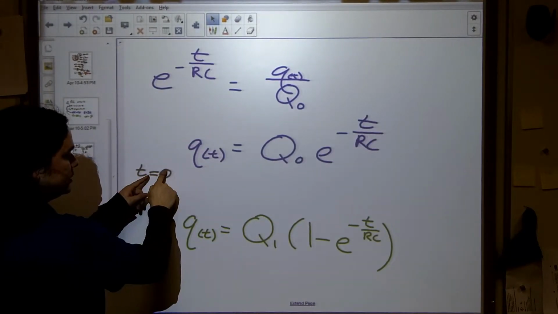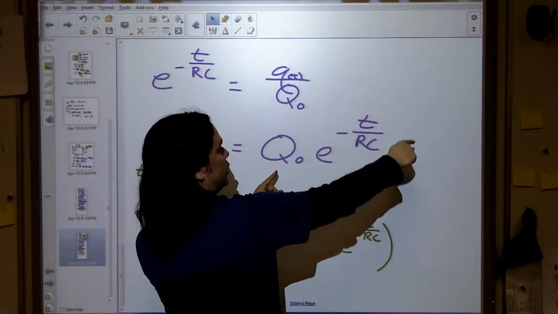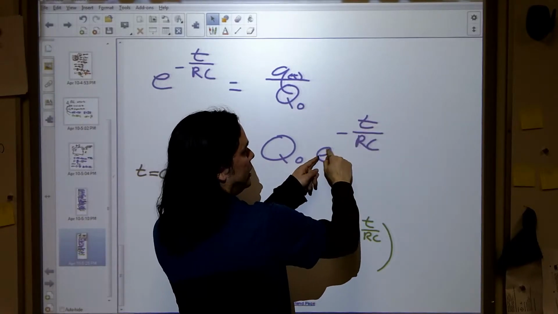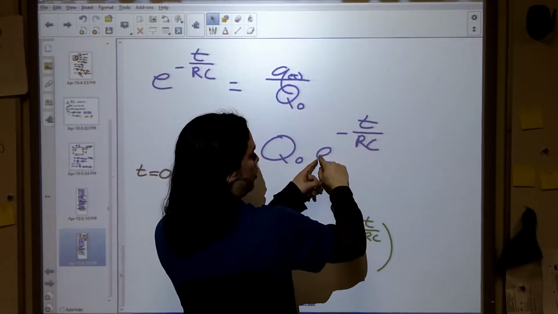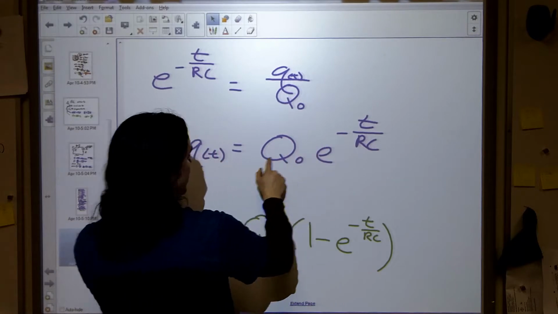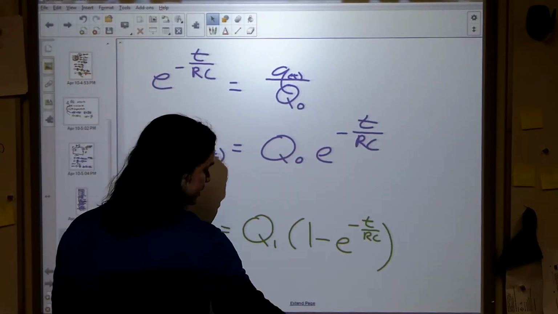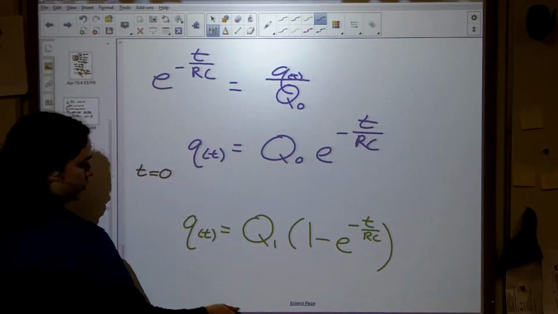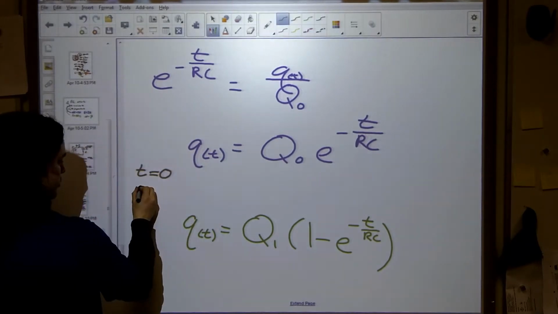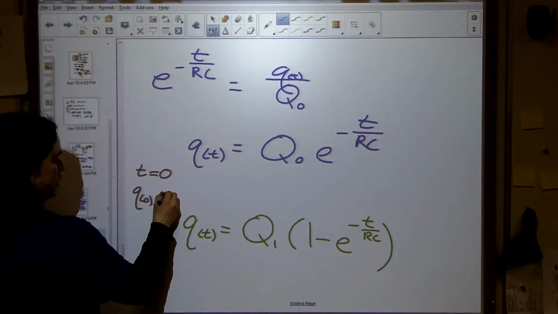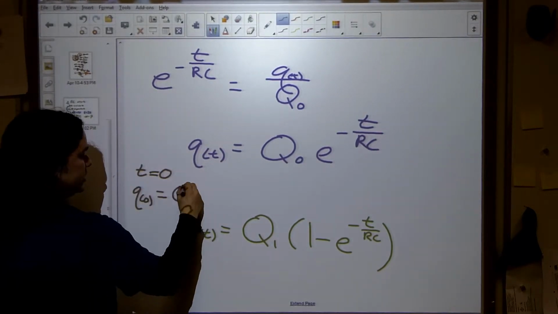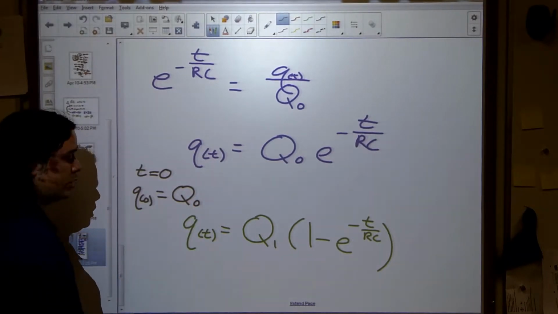If I plug in t equals 0 into this equation, e raised to the negative 0, well, e raised to 0 is 1, and we do end up with Q of 0, the charge at time equals 0, is in fact the initial charge, Q0.